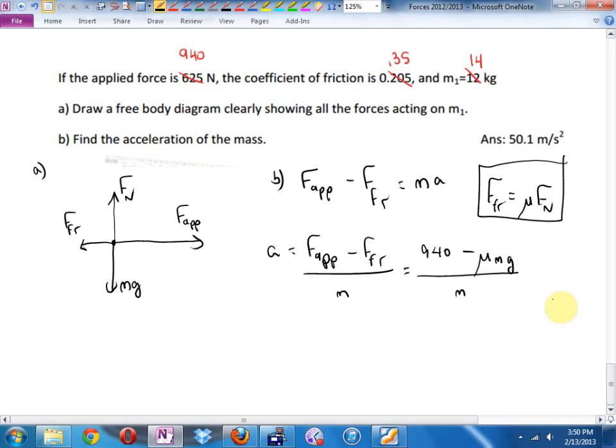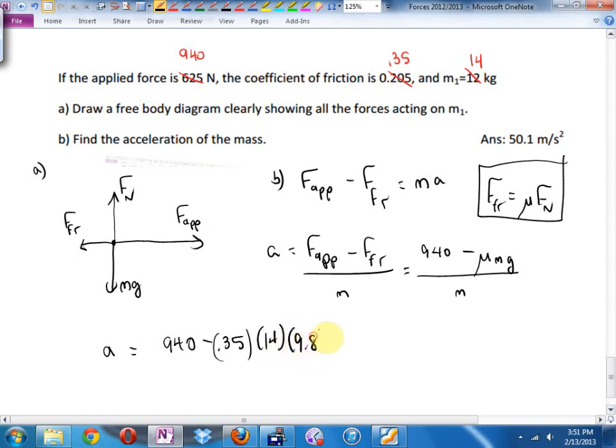So it's 940 minus 0.35 times what? 9.8. You missed something. No, mu is 0.35. What's next to the mu? 14. Come on, Ben.